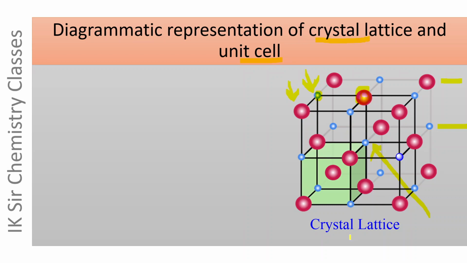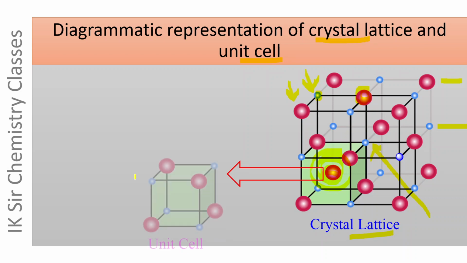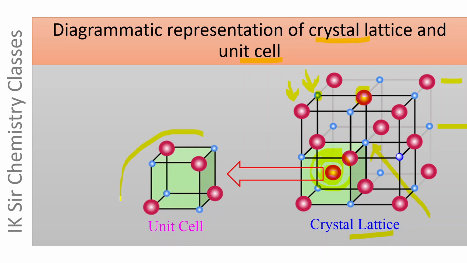It may be noted that this three-dimensional portion of the crystal lattice is repeated throughout the crystal, and this smallest three-dimensional collection of lattice points is called a unit cell. Any crystal is made up of a large number of unit cells arranged one over another.